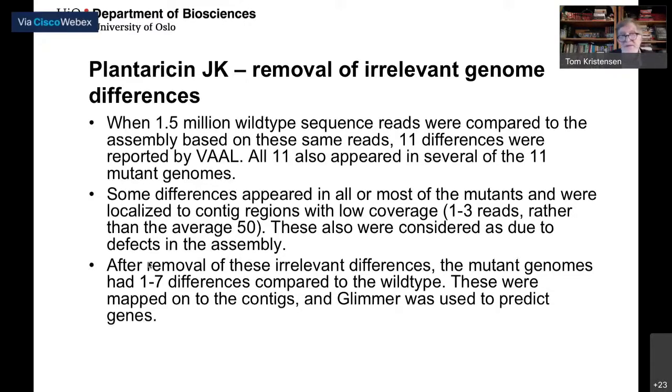When I looked at these differences and at where in the contigs they were placed, many of them were in contig regions where the coverage was very low, 1 to 3 reads rather than 50, which was the average in this experiment.